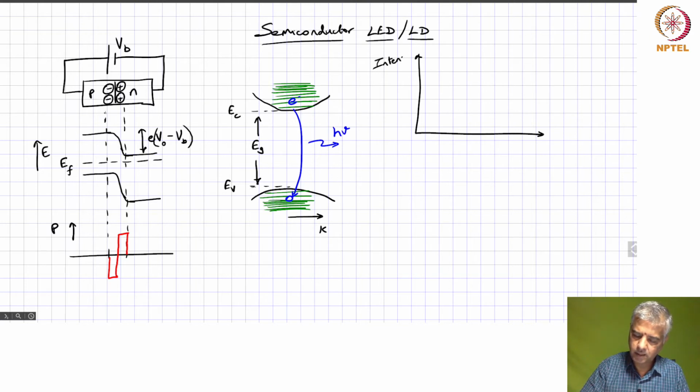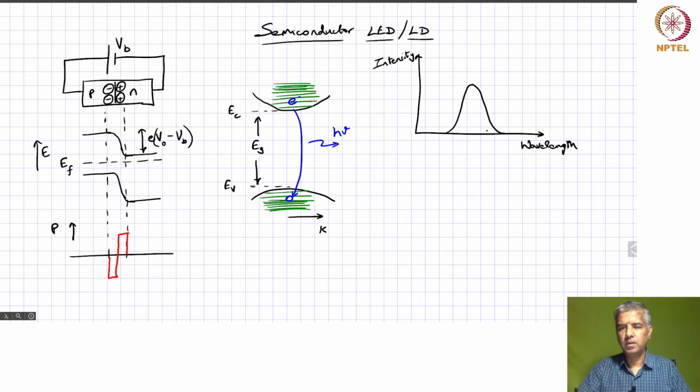So this is intensity as a function of, say, wavelength, and you can write it in terms of wavelength or in terms of frequency, and what we see is that it typically looks like this. Okay, so the intensity will peak at a particular wavelength value or a particular frequency value.